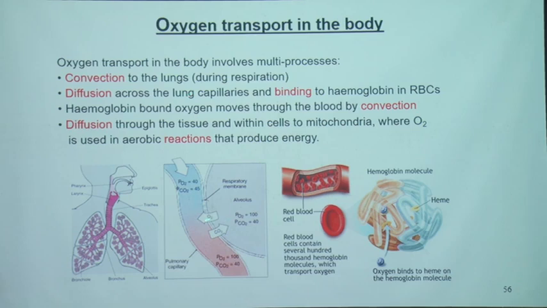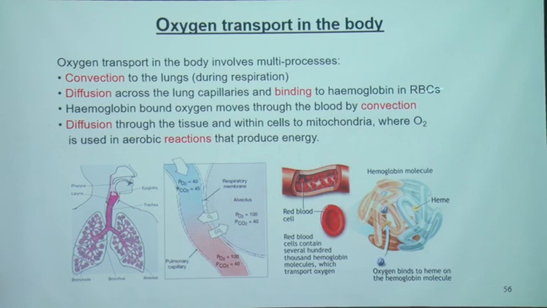Once the oxygen is transported into the blood, it's carried by hemoglobin expressed on the red blood cells. And then the oxygen is transported within the blood through convection, because the blood flows through the blood vessels, and oxygen is carried by hemoglobin in the red blood cells.